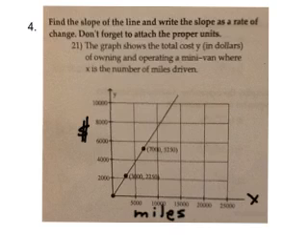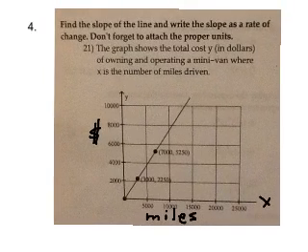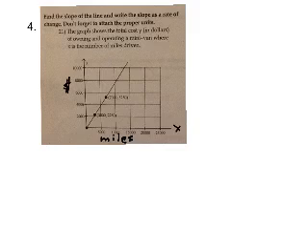So the slope, all lines show a rate of change. In general, we're just talking about the change of y per the change in x, because slope is the change of y over the change in x.